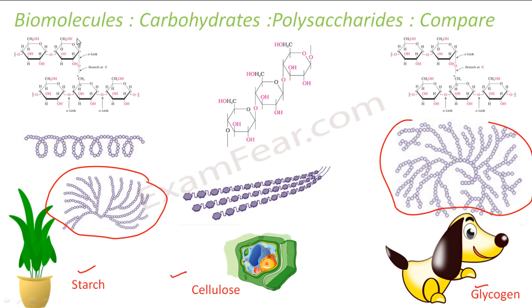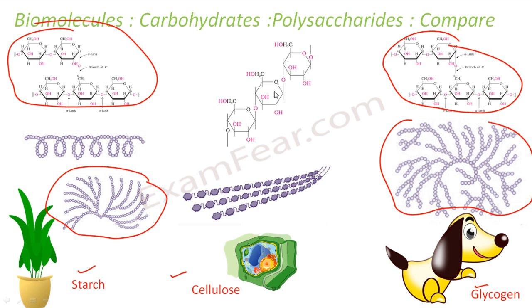They are all glucose linked together by C1C4, and the branch is C1C6. Cellulose is a little different, here it is C1 and C4. All these three are made of glucose; it's all the bonding difference.